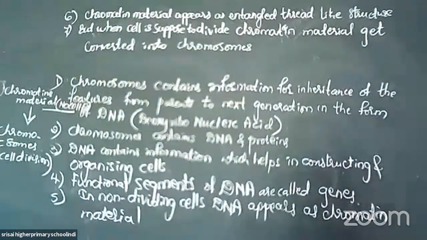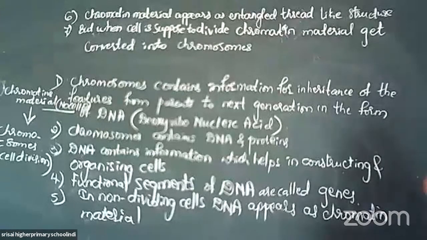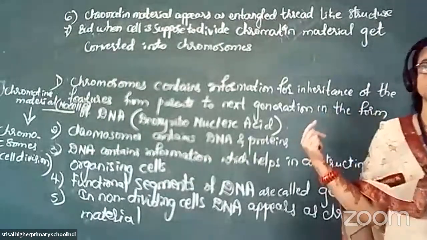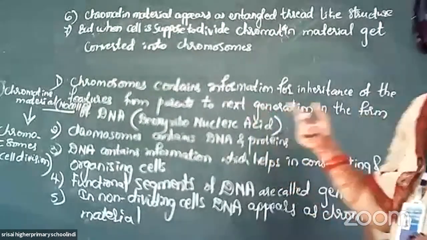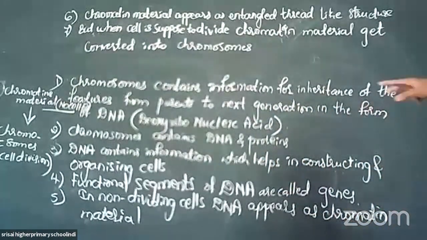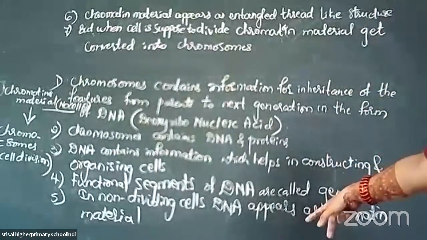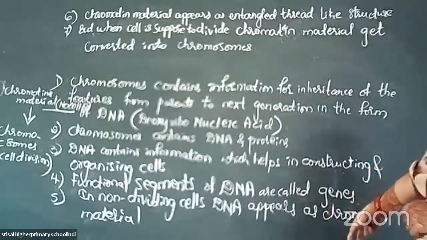Inheritance of features from parents to the next generation. Very good. So they transfer the features from one generation to the next. Remember this. This is very important because next year in 10th standard there is a continuation of this: Heredity and evolution, the complete chapter.